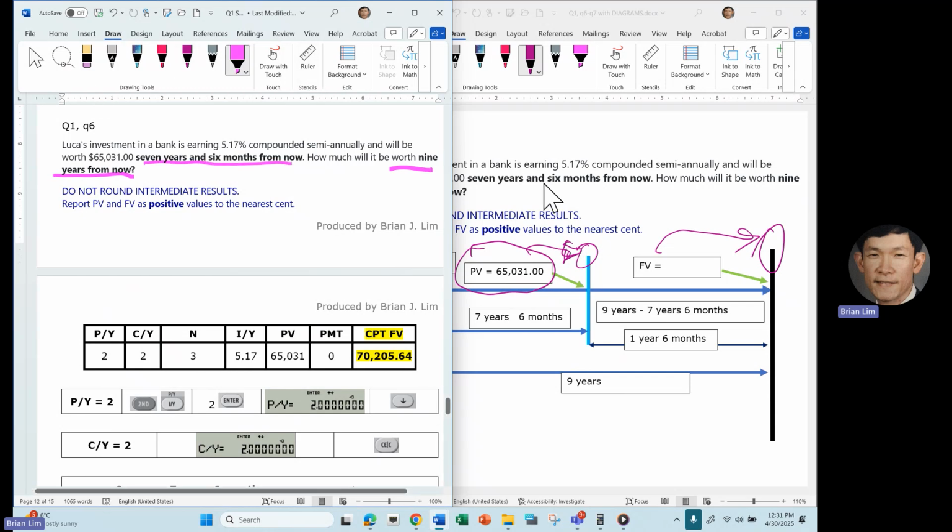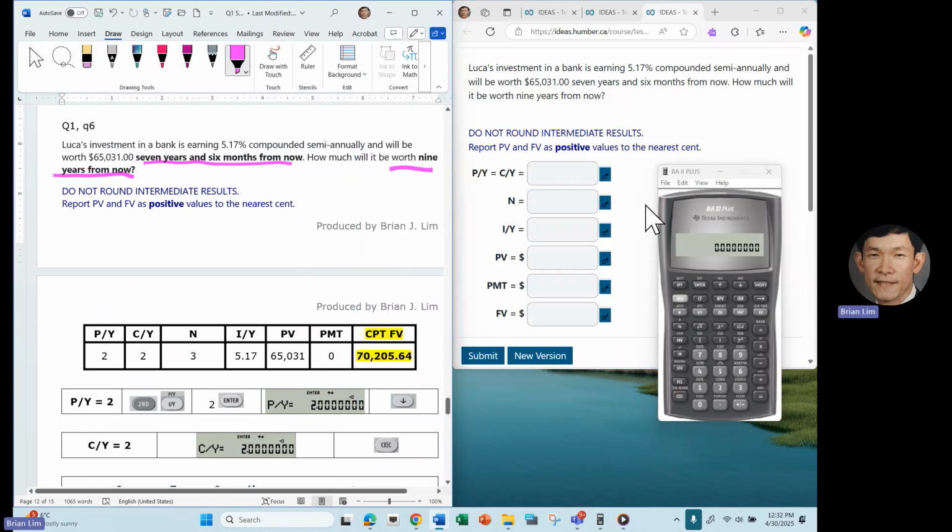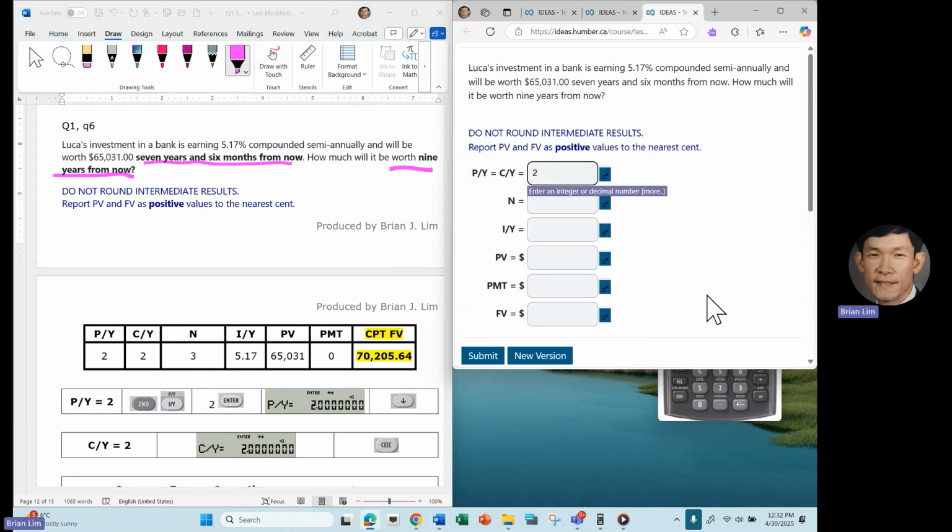All right, so let's start. We should minimize this, and then we're back to the boxes we need to enter. So PY and CY, the number should be 2.